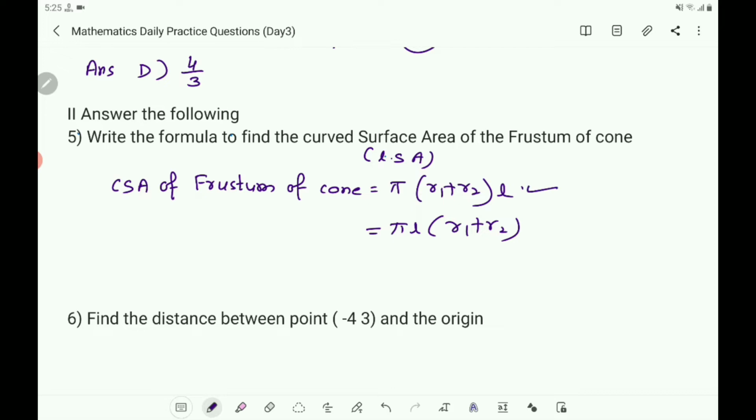You write any one of the relations, both are the same here.